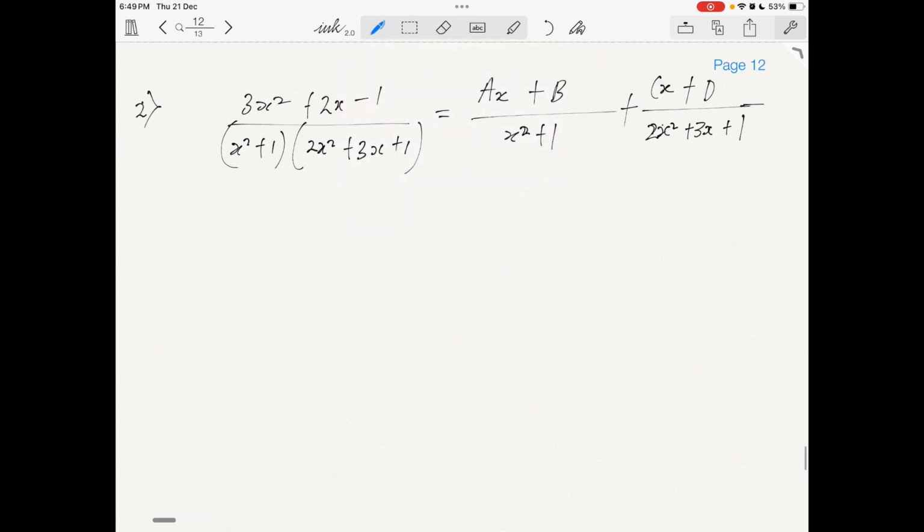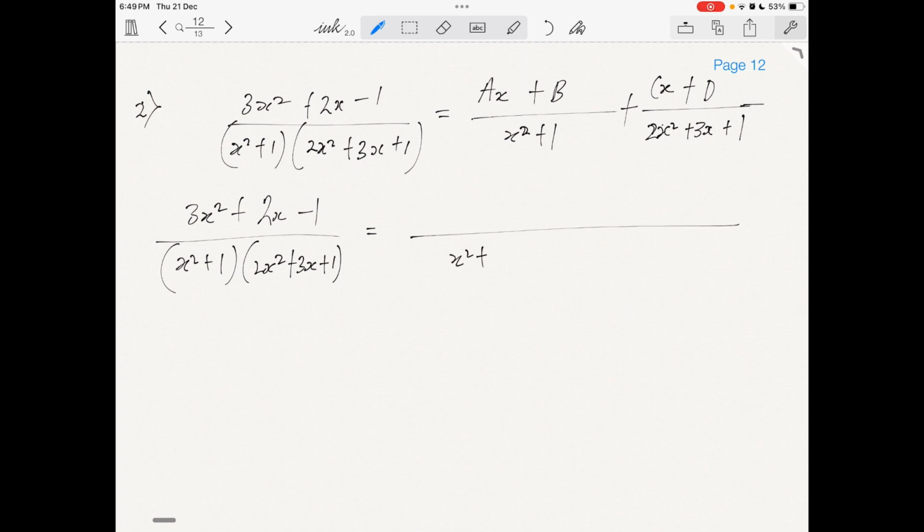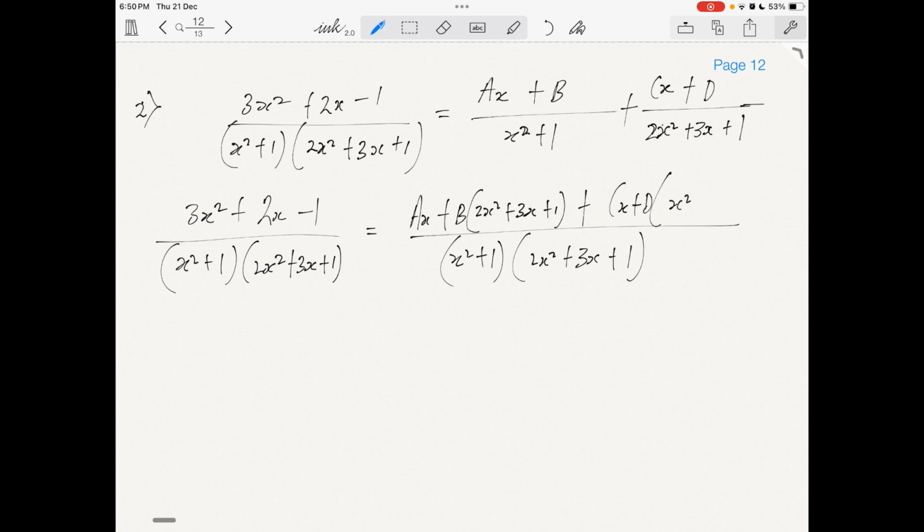Alright, so with this done, I just have to look for the LCM: x squared plus 1 and 2x squared plus 3x plus 1. So I have ax plus b into 2x squared plus 3x plus 1, plus cx plus d into x squared plus 1.